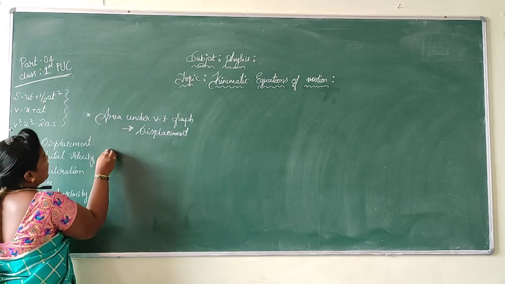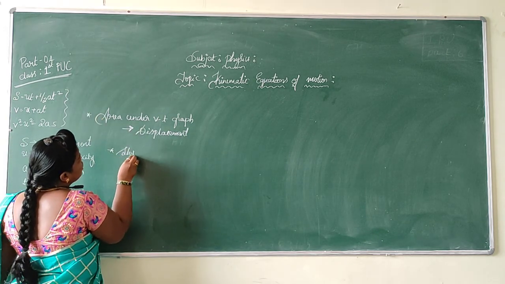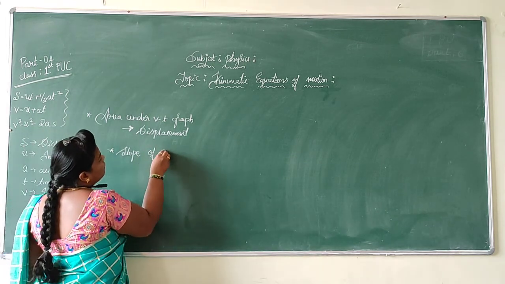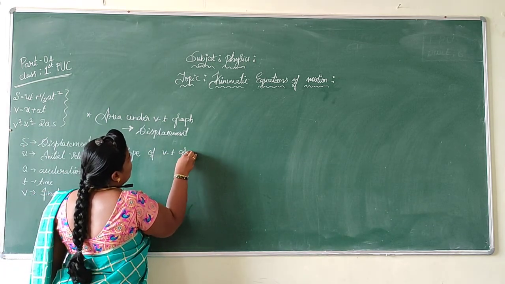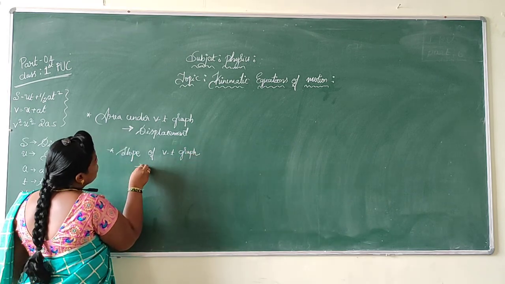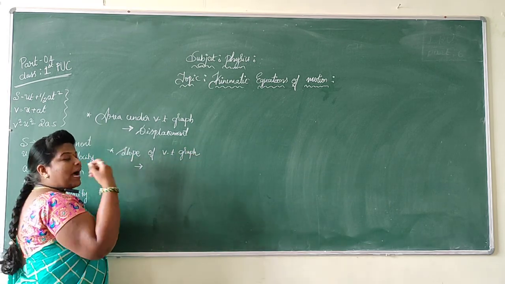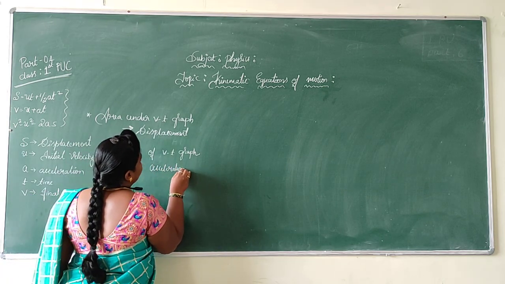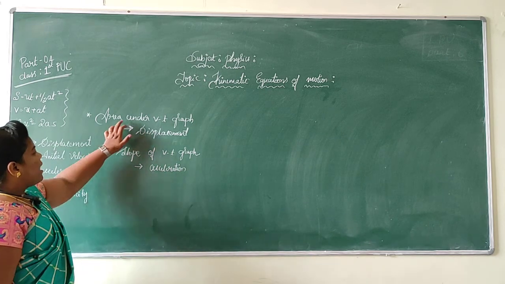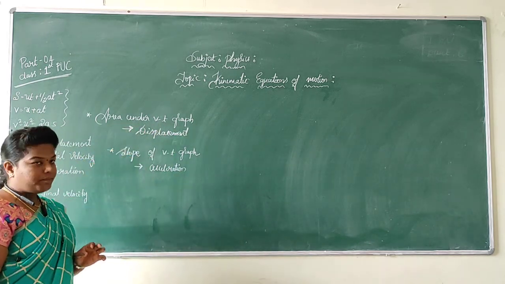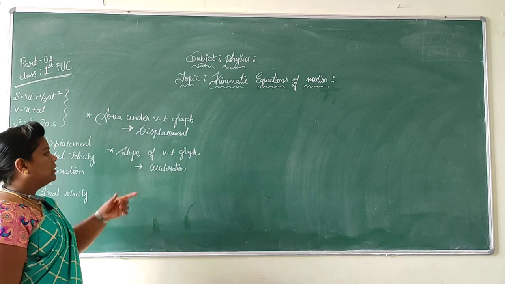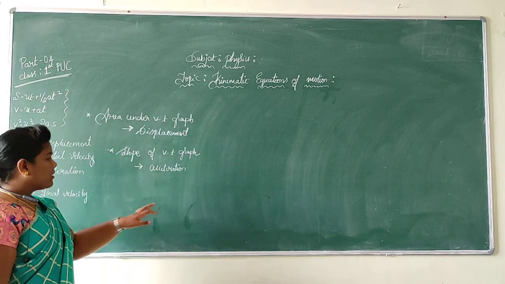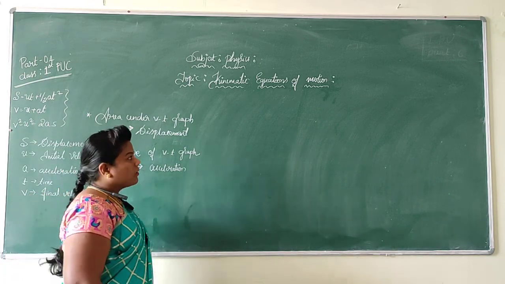Similarly, in the last class I showed how to calculate the slope, and the slope of the VT graph gives you the acceleration. So by calculating the area under the velocity time graph we can find the displacement, and by calculating the slope we get the acceleration.